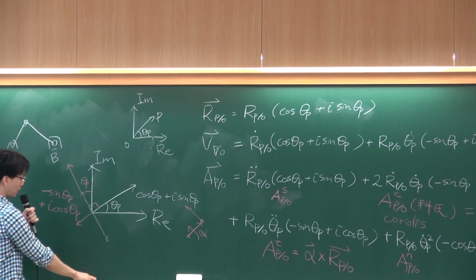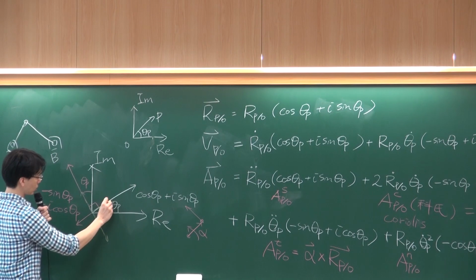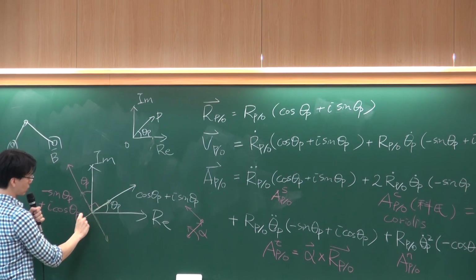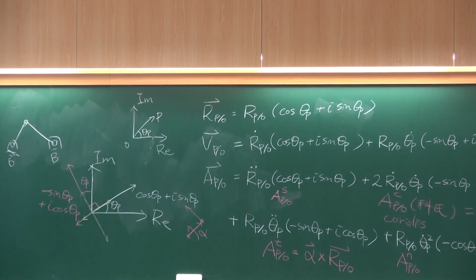So for this sliding, it will be either this direction or this direction. Either way is possible. But I know it must be along this original displacement line.